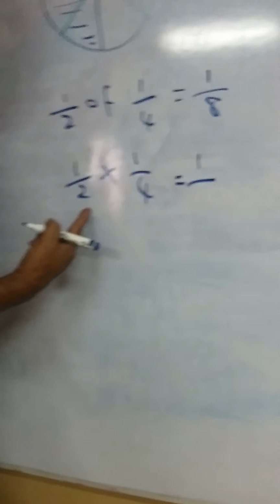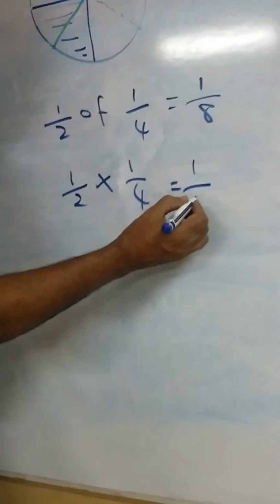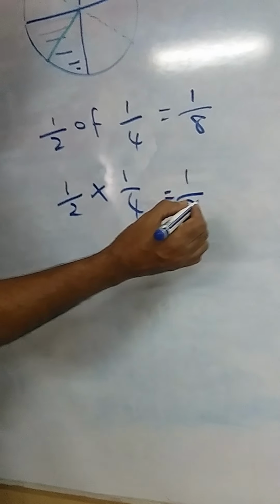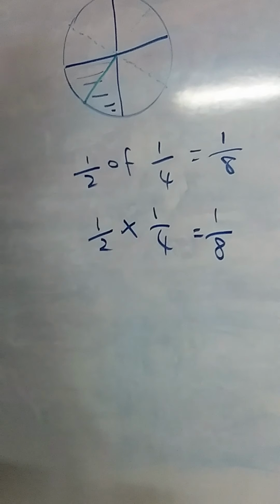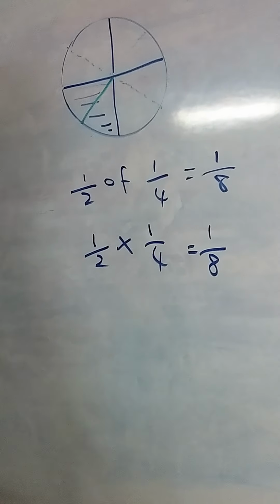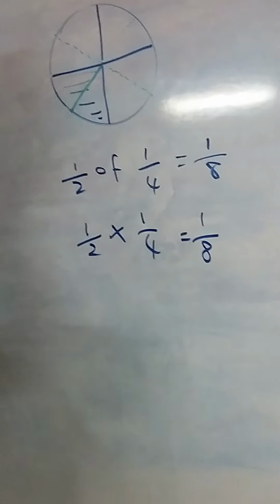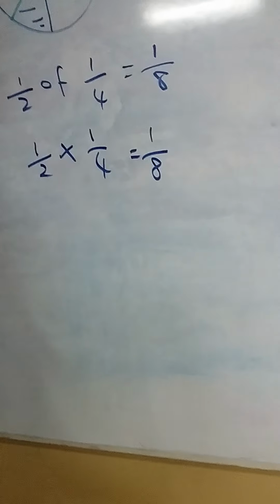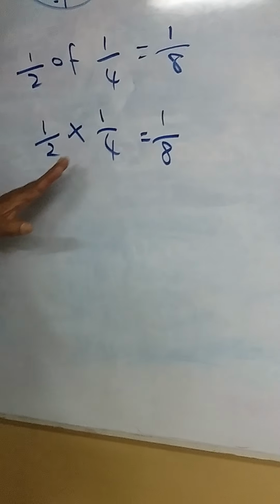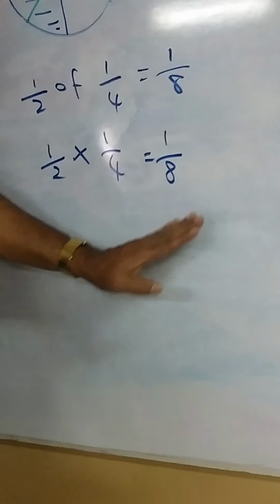And we multiply the denominator by the denominator, and got the denominator of the answer. Okay? So good. So when we are multiplying fractions, we can simply multiply the numerator by the numerator to get the numerator of the answer, and the denominator by the denominator to get the denominator of the answer.